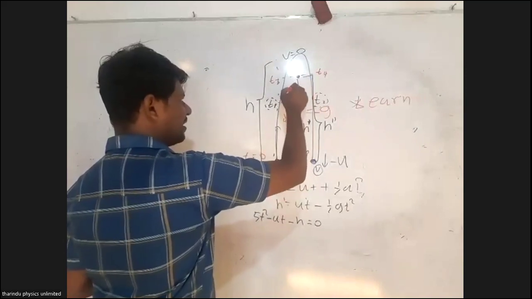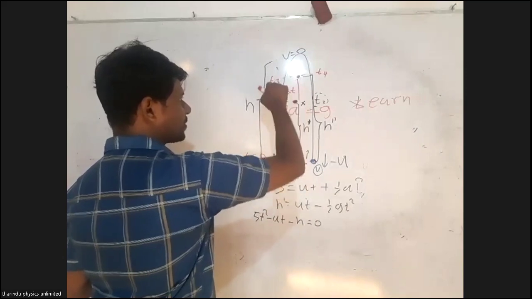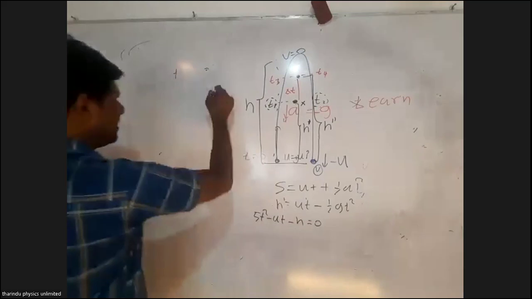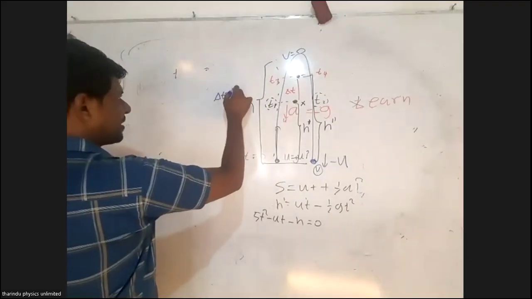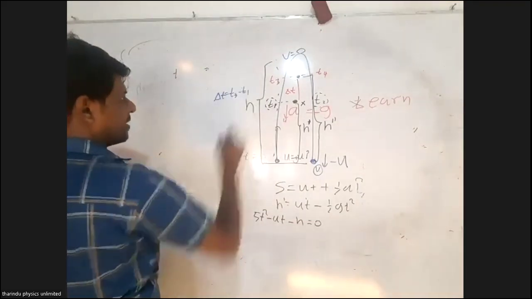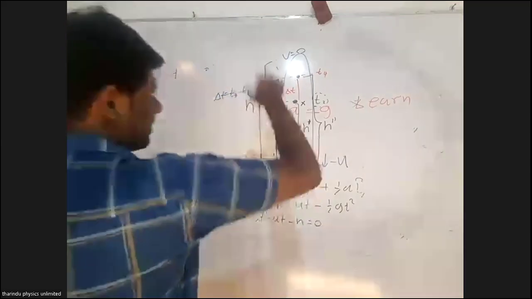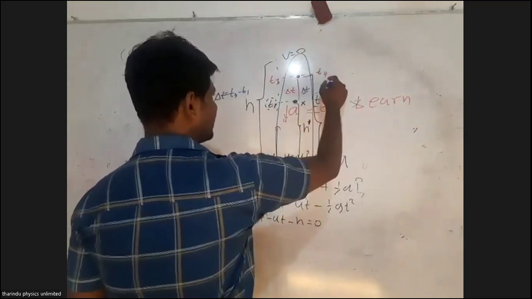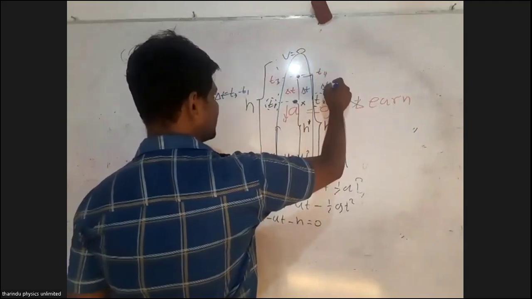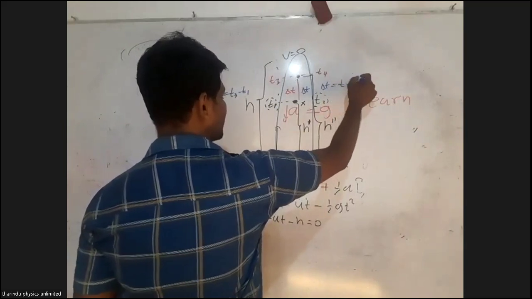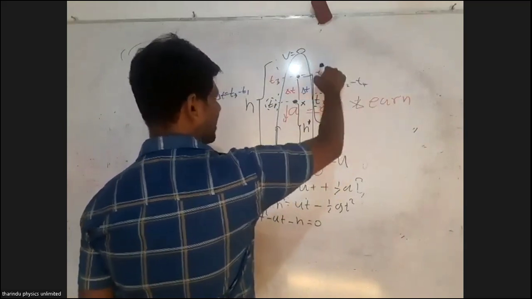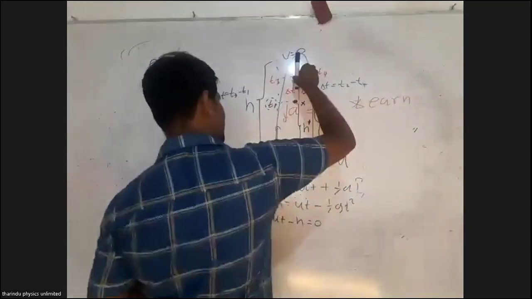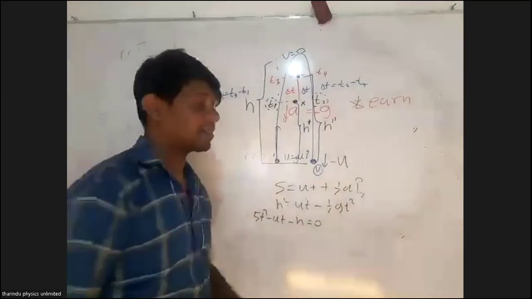Delta t is t3 minus t1. When returning, it will be another delta t. Delta t is equal to t2 minus t4 here.